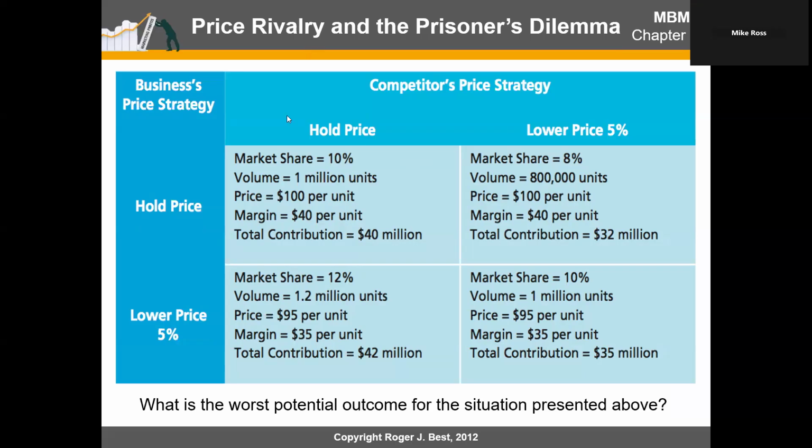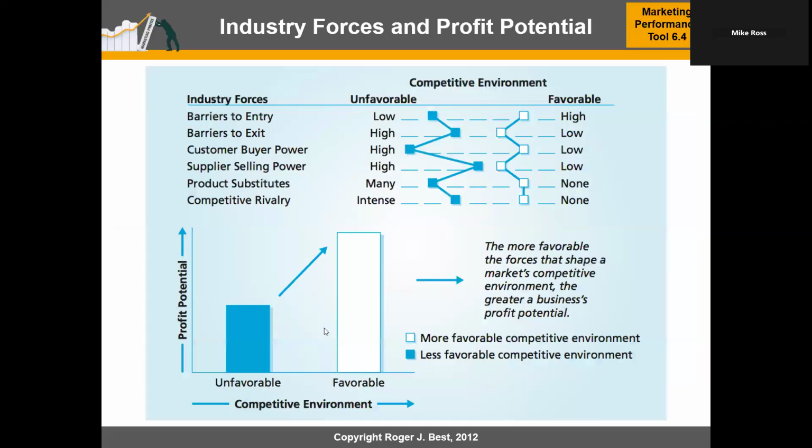Again, if we think about, and I love these 2x2 matrices, obviously Best does as well, we can think about the biological extension. All of these different aspects that we've looked at around competitive position have implications around, let's say, pricing strategies. So if we think about tacking, around is it more competitive?